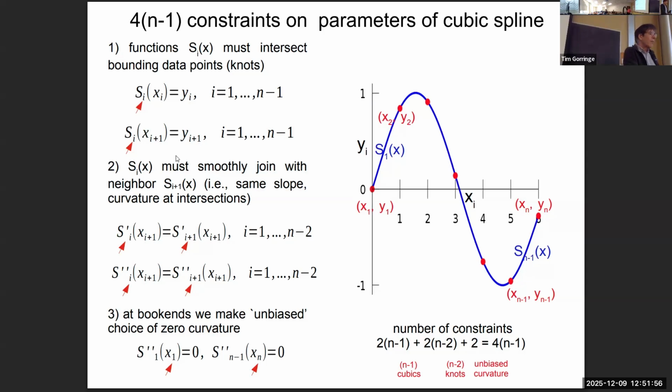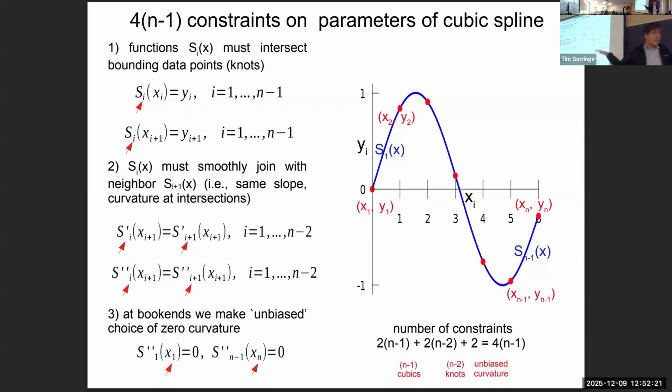Anyway, if you add up all these constraints, intercepting the points for the interior splines, having them dovetail together with smooth slopes and smooth curvatures, and for the endpoint splines having this naturalness condition, that provides the 4 times n minus 1 constraints that we need.